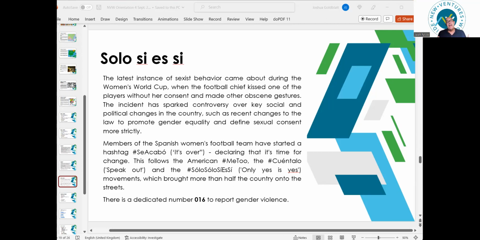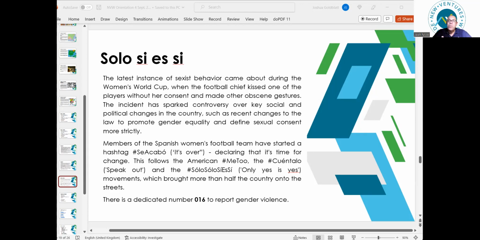And that means that somebody who is being aggressive or a predator is assumed to be guilty unless there has been specific consent by the other person, by the victim.